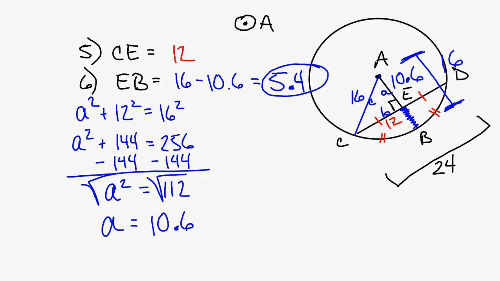All right, again, 7, 8, 9, and 10 all refer to the same circle. So number 7, let's get this circle drawn. Got a diameter and another chord.